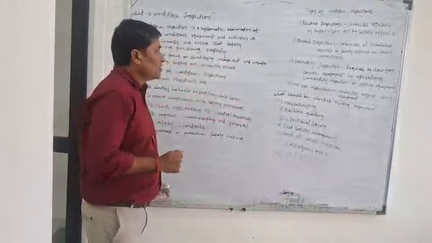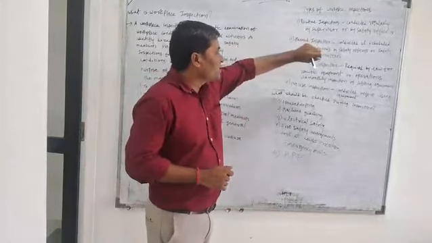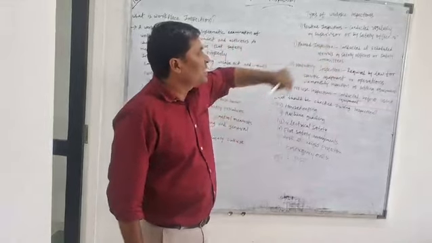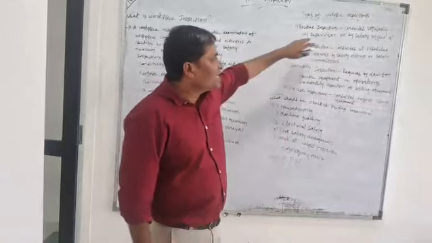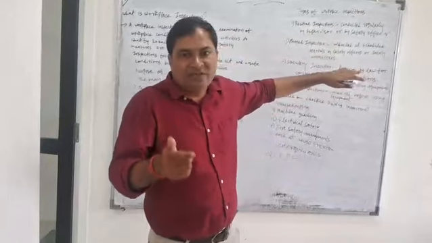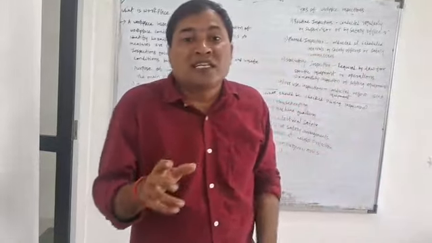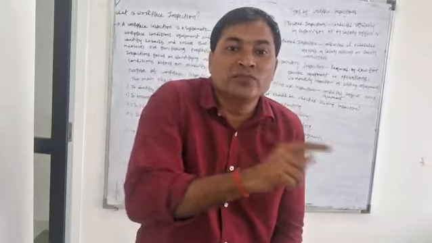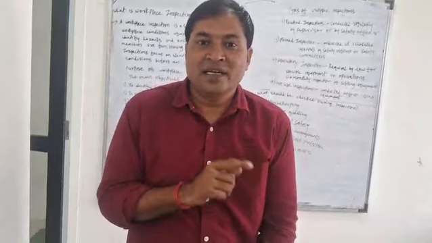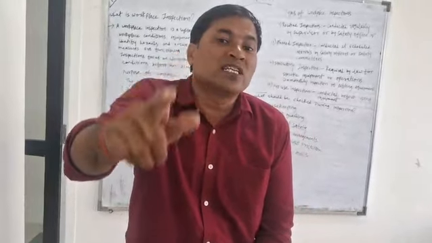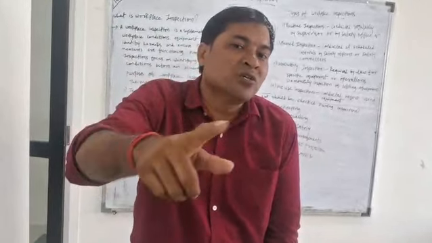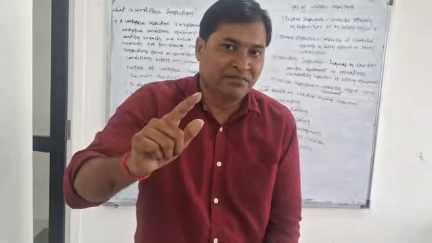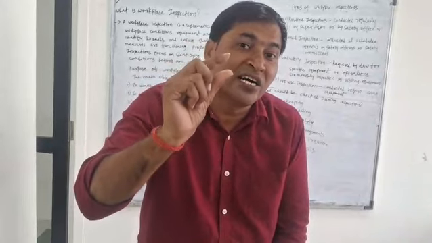Then, types of workplace inspection. First is routine inspection. It is conducted regularly by the supervisor or the safety officer. It is the roles and responsibility of both. The supervisor can do the inspection every day, and the safety officer also has to go there and check thoroughly using the inspection checklist.